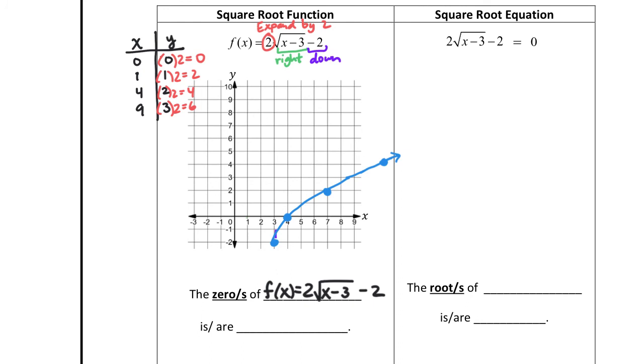And so the zeros are the x-intercepts. Actually, I'll use a different color. So the x-intercept happens at x equals 4.